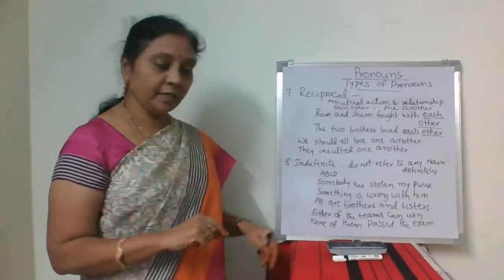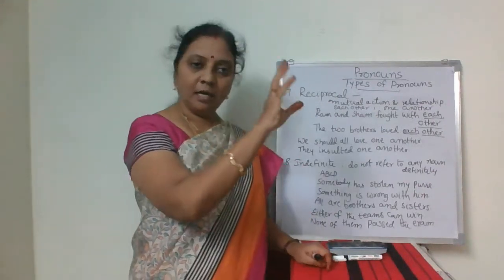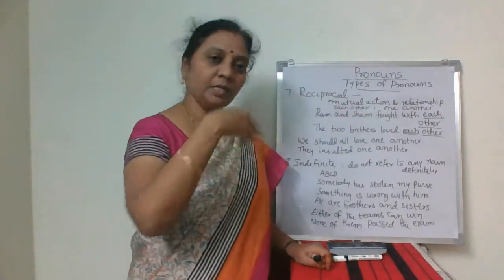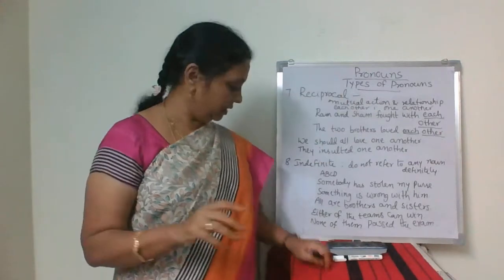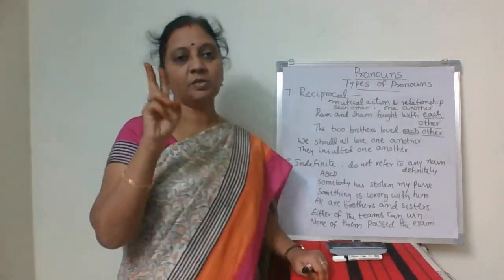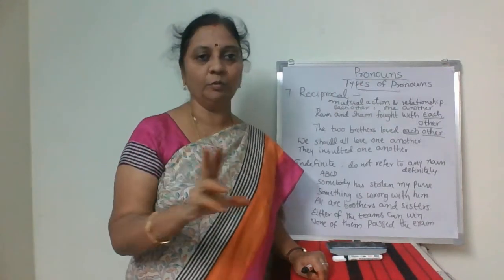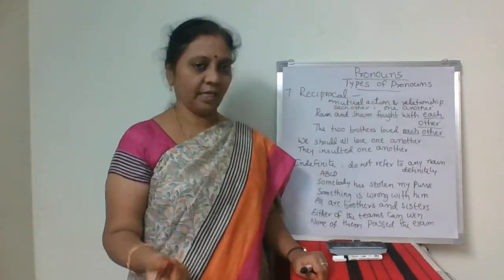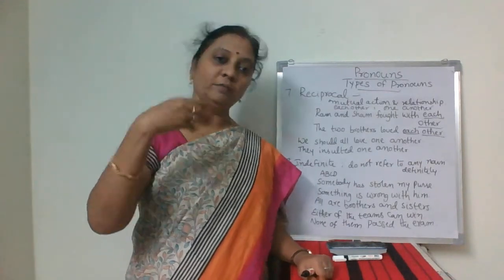Remember, all means if 50 members are there, all 50. Either means only one out of two, neither also one out of two, but either is positive, neither is negative. None means zero out of many.